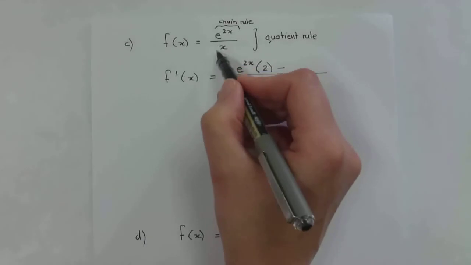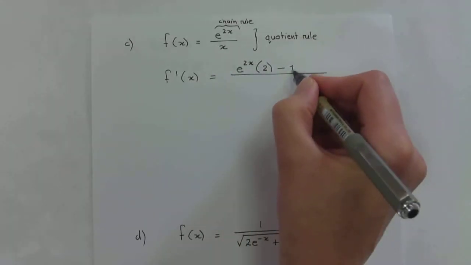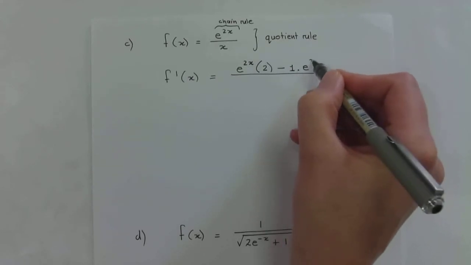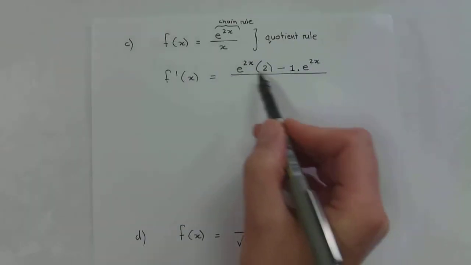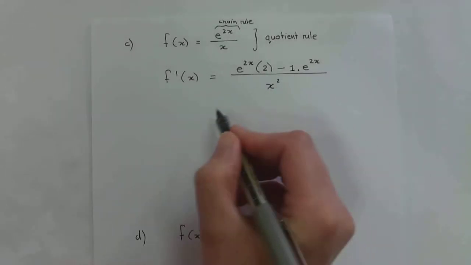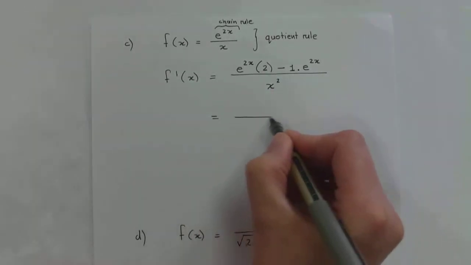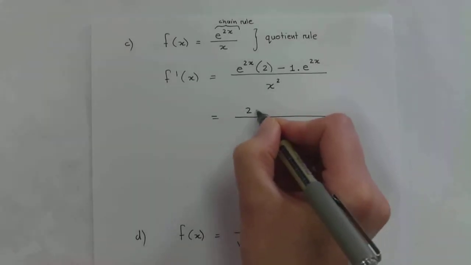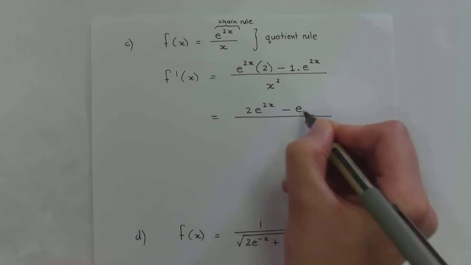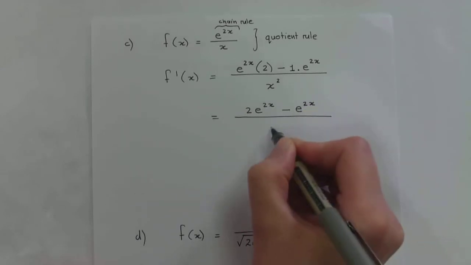Now we have to find the derivative of the denominator, which is 1, times just the numerator, which is then e to the power of 2x, divided by the denominator, and we have to square that using that quotient rule. So again, I'm going to clean this up, and when I clean this up, I've got 2e to the power of 2x minus e to the power of 2x over x squared.